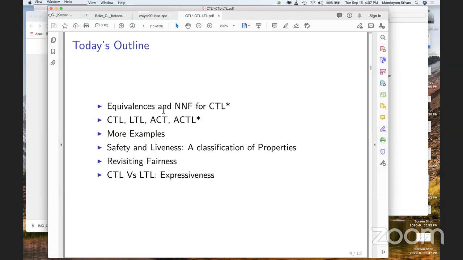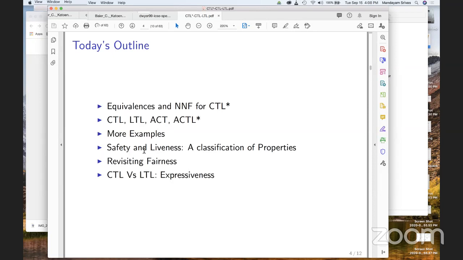Then talk more about normal forms for formulas in CTL star, and I'll also compare CTL versus LTL.